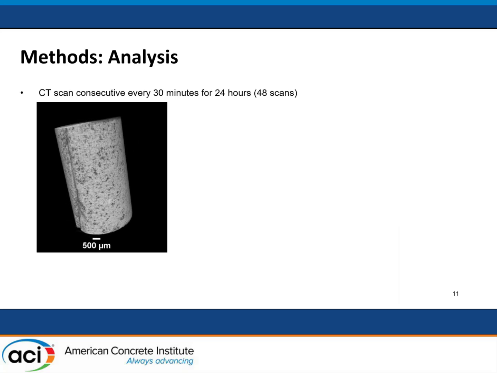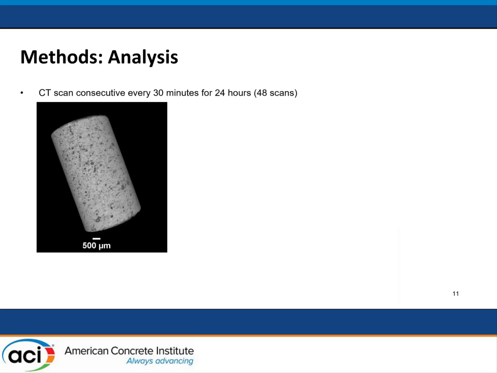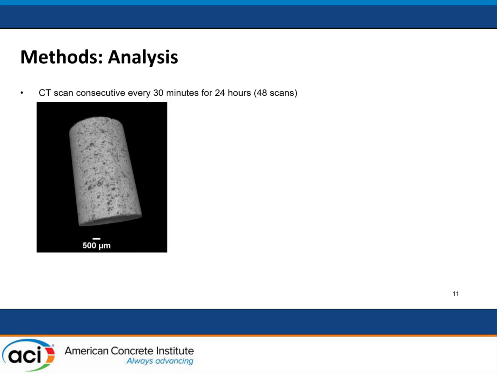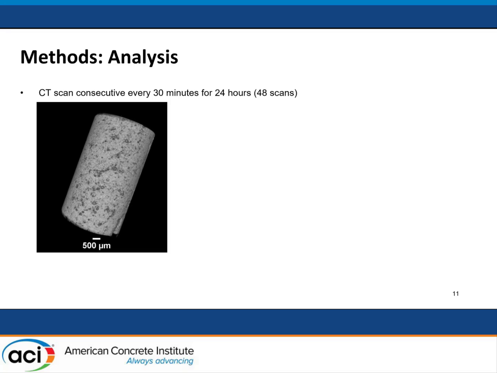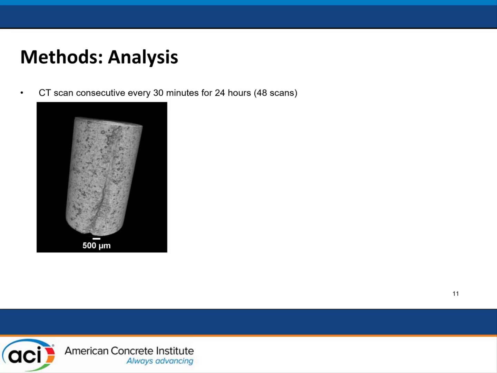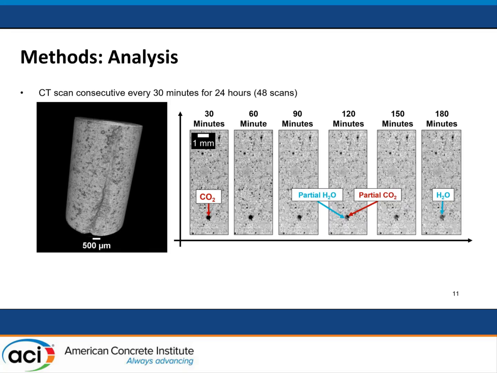So here you just see one of our samples in the 3D rotating image, and we did 30-minute scans for 24 hours. So that was a total of 48 scans. And a quick look at some of the X-ray CT images are shown here. So this is that first scan from 30 minutes, then 60 minutes, then 90 minutes, and so on.